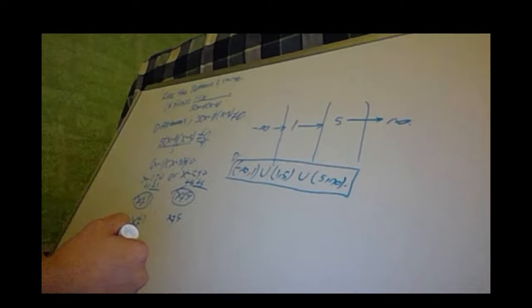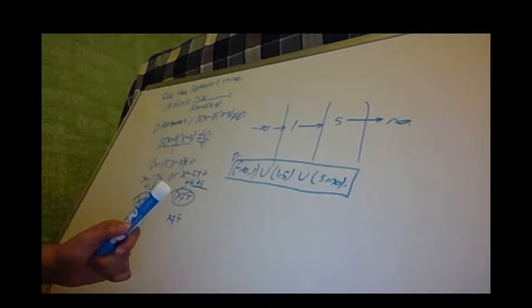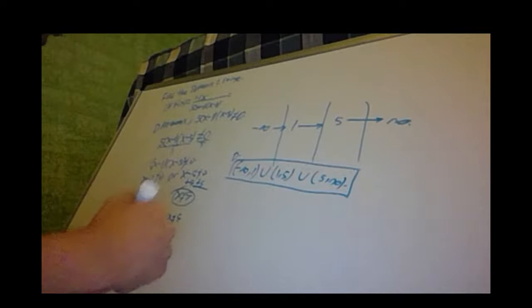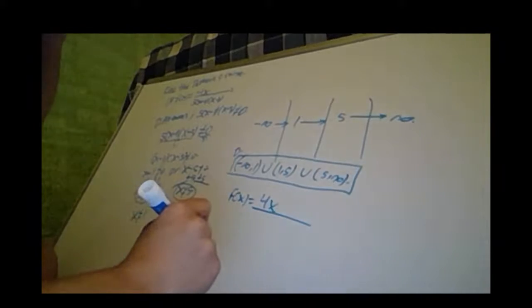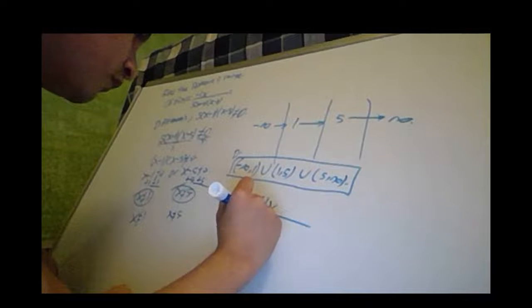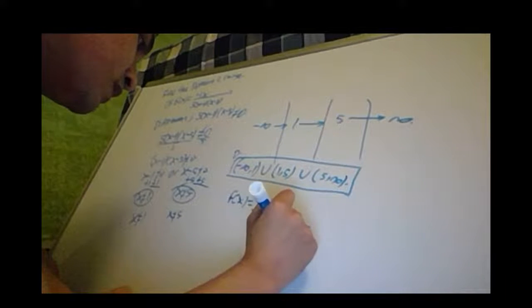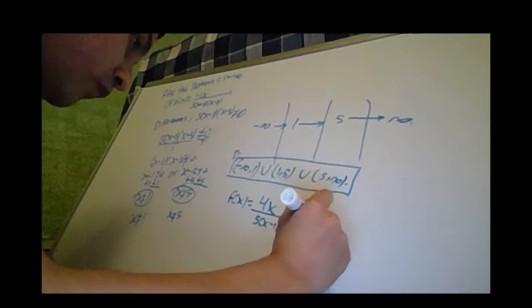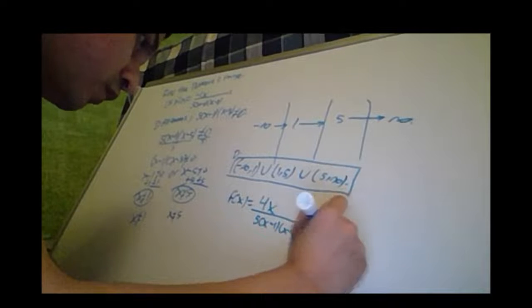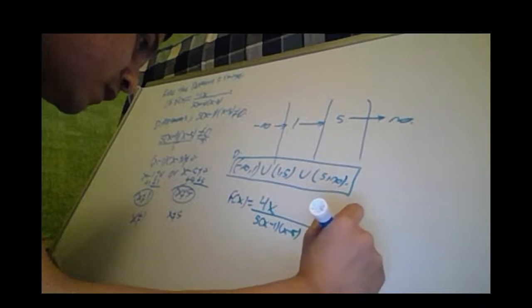The range, I'm trying to think. Since we have f of x equals 4x over 5 times x minus 1 times x minus 5, this would be equivalent to saying ax over bx squared, right?